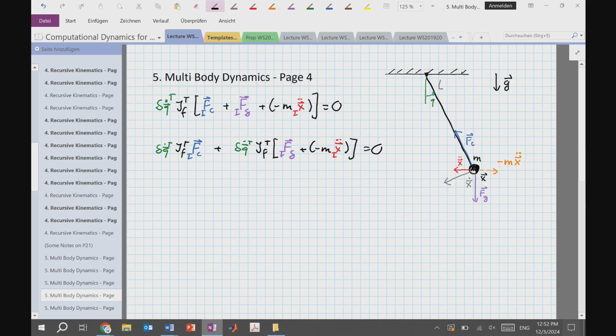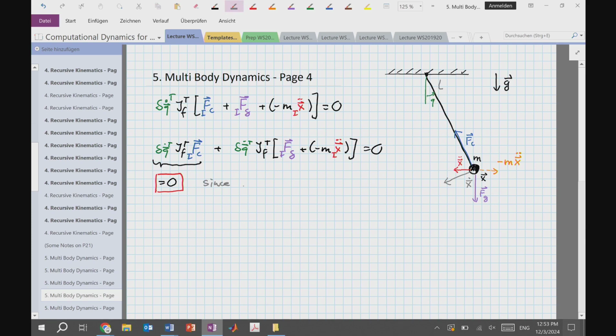And now comes the part that we discussed before, where I say that this first term has to be equal to 0. Because this is virtual power, which is produced by these constraint forces, while we only allow motions that are consistent with the constraints. And since the constraints are purely passive, there's no motors, we're just talking about joints that are frozen in time, purely scleronomic joints, they cannot produce any power.